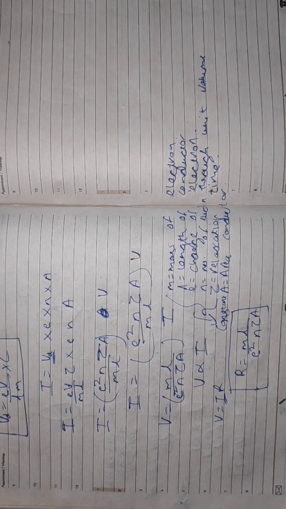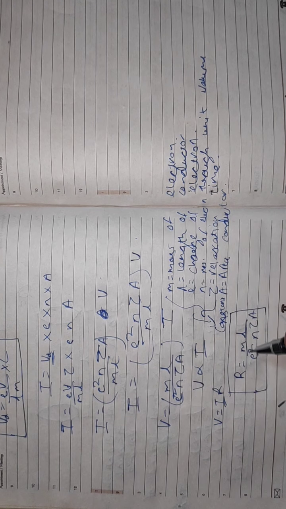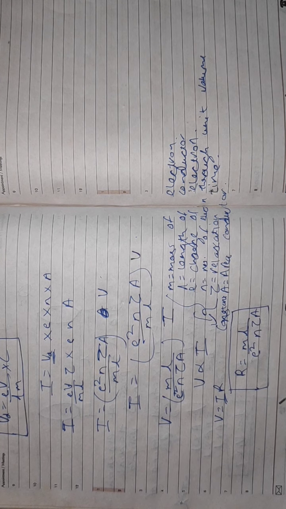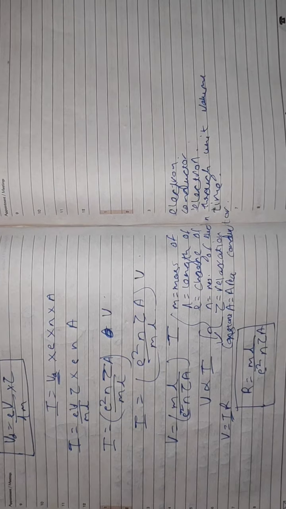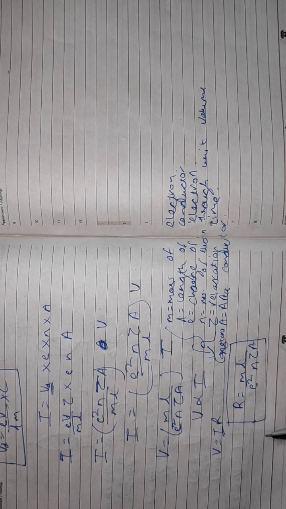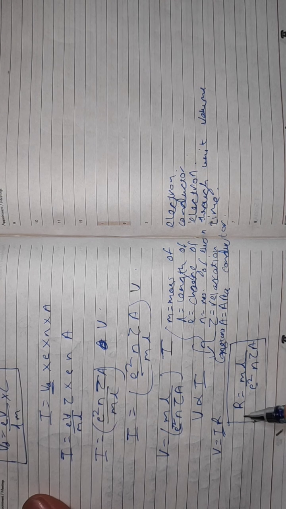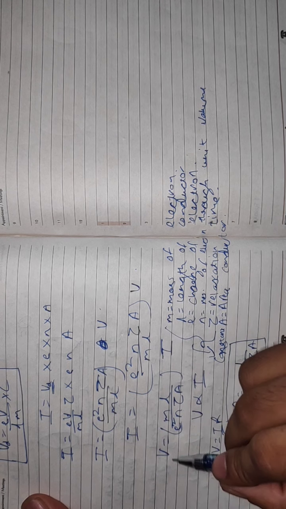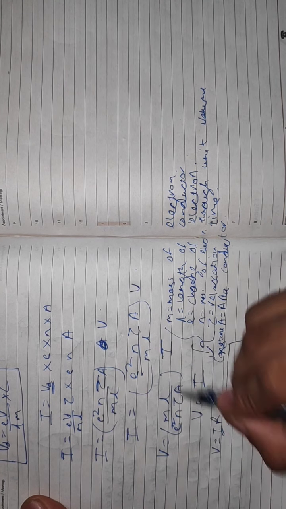Yes, I can. So resistance is equal to ml upon e square N tau A. So you will get from here the origin of Ohm's law, from where the resistance started and from where the Ohm's law started.